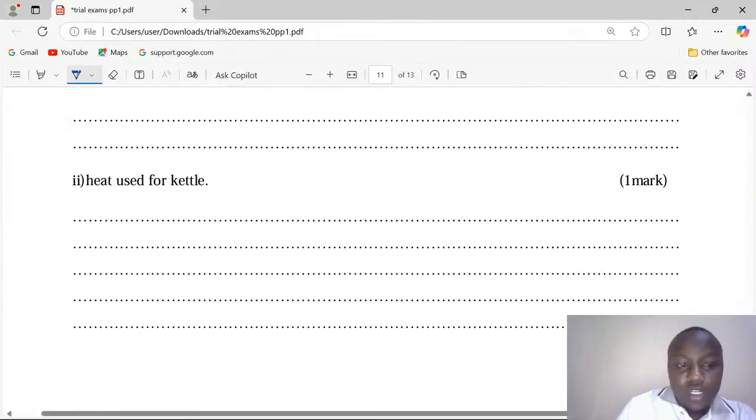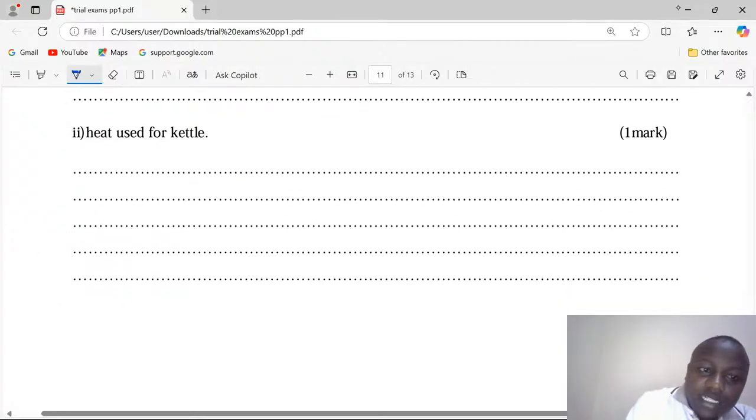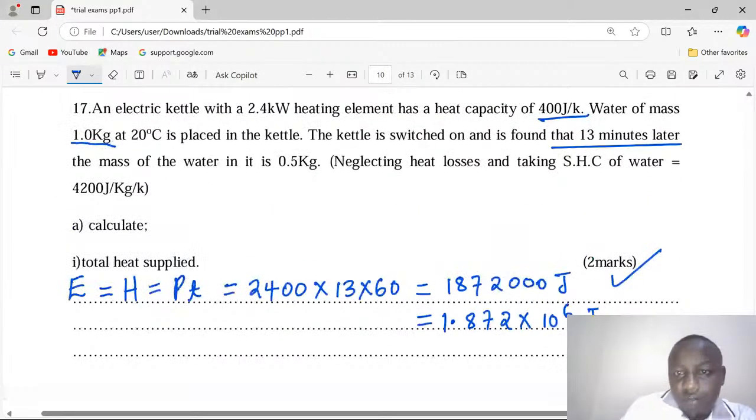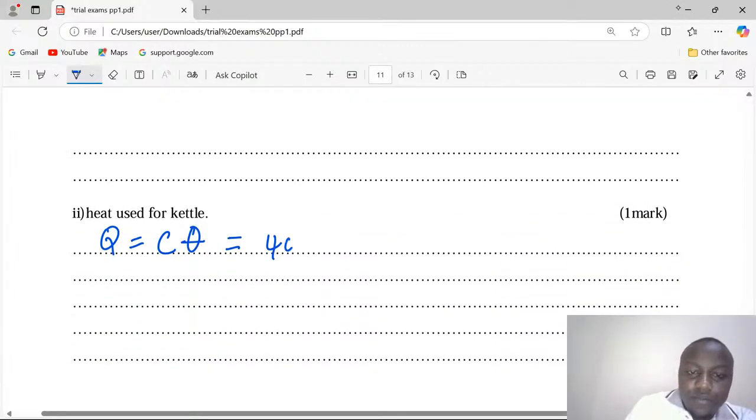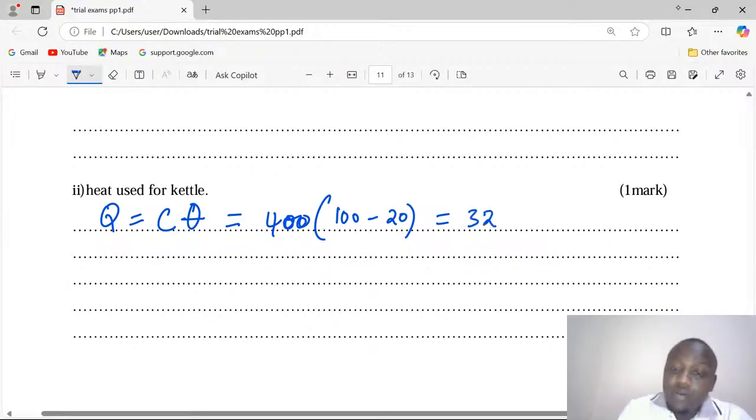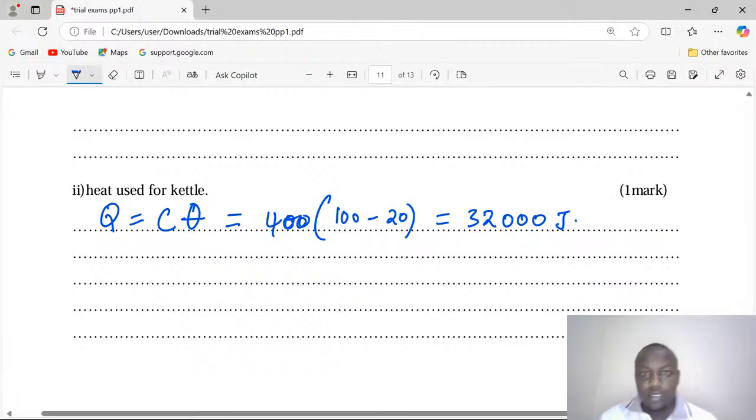The heat energy will be given by heat capacity multiplied by change in temperature. So heat capacity 400, can confirm, 400 multiplied by change in temperature from 20 to 100, which means we are multiplying by 80. So it will be 32,000 joules.